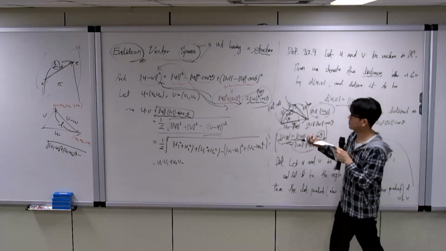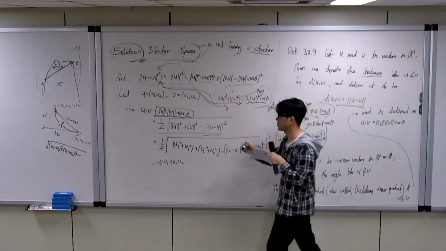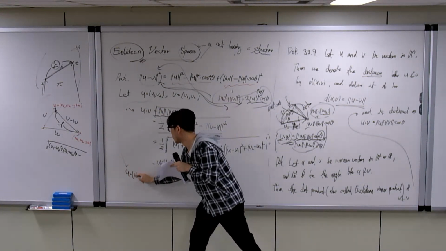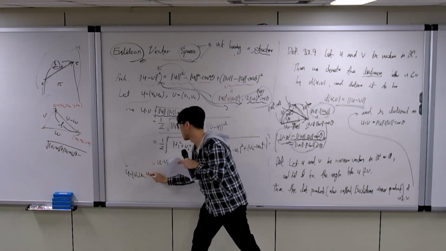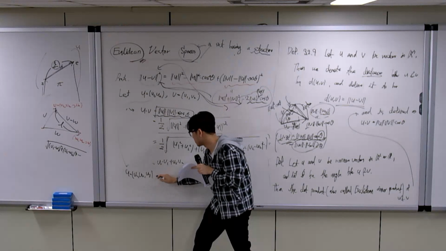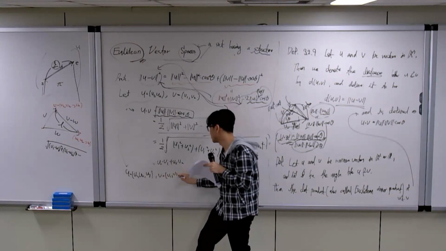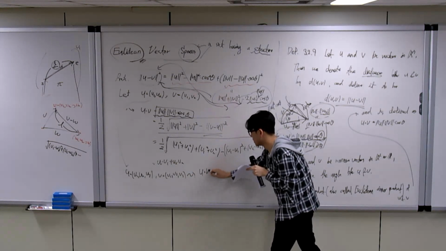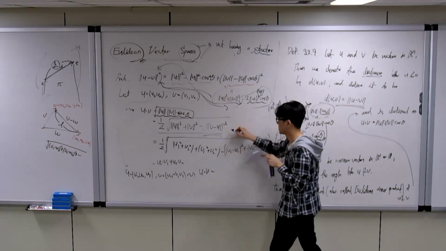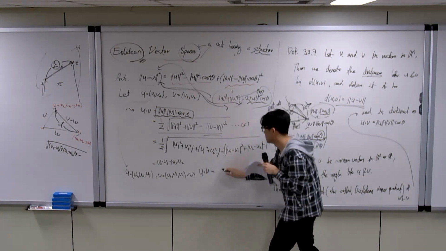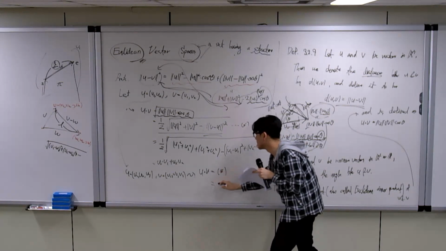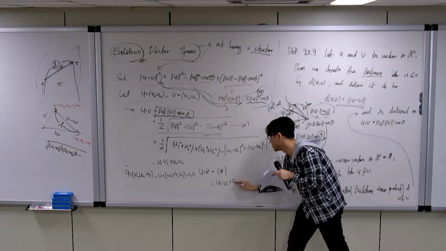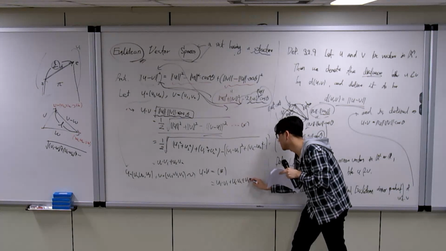Similarly, in the three-dimensional case also, by adding one more coefficient, one more real number v1, v2, v3, you can calculate the inner product of u and v the same way, and it will give u1 v1 plus u2 v2 plus u3 v3.